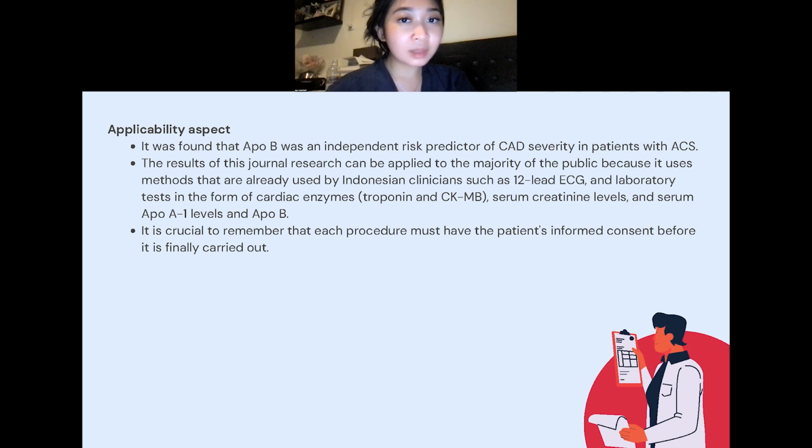Also serum serotonin levels and serum APOA1 levels and APOB. Lastly, it is crucial to remember that each procedure must have the patient's informed consent before it is finally carried out.